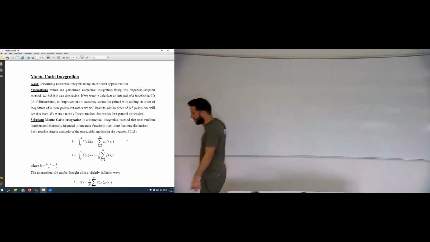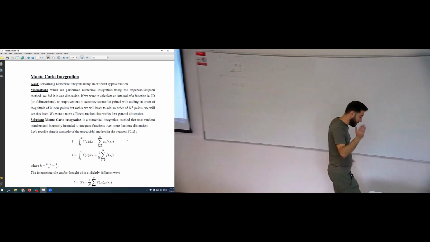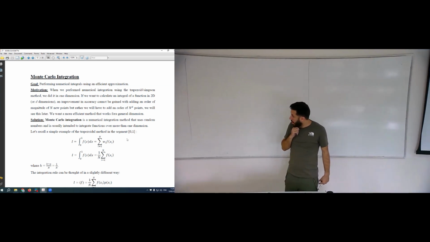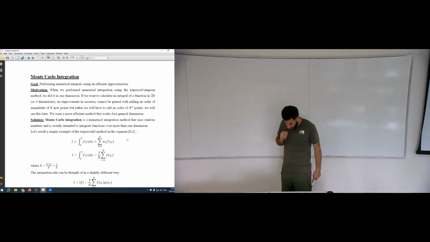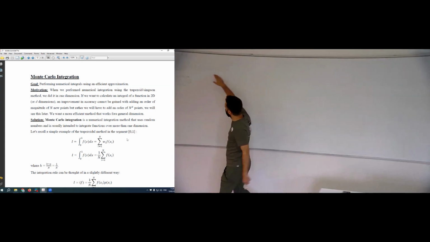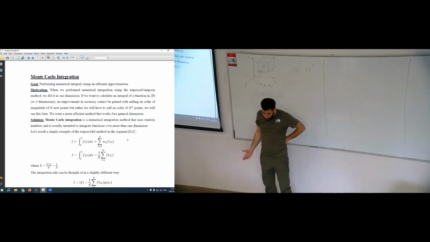I will integrate dx, dy, dz, dpx, dpy, dpz. So that's the problem: the number of points we have to use keeps growing, and we will compare it with the Monte Carlo in a minute. But let's talk about the Monte Carlo.